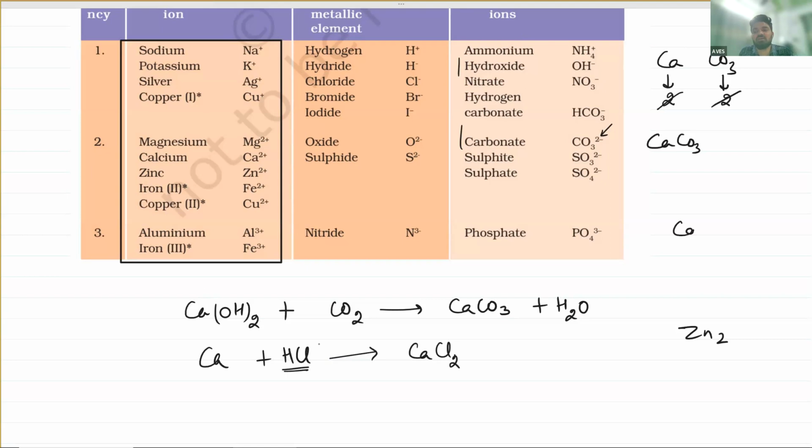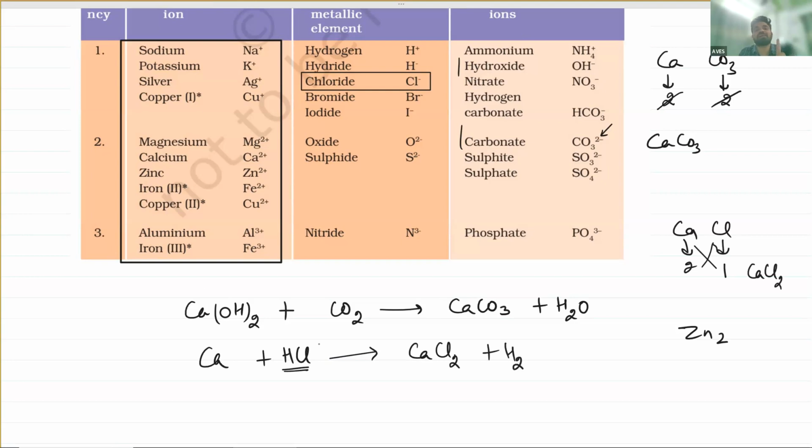Why? Calcium has valency 2 and the chloride ion has valency -1. So the formula is CaCl2 plus hydrogen gas.